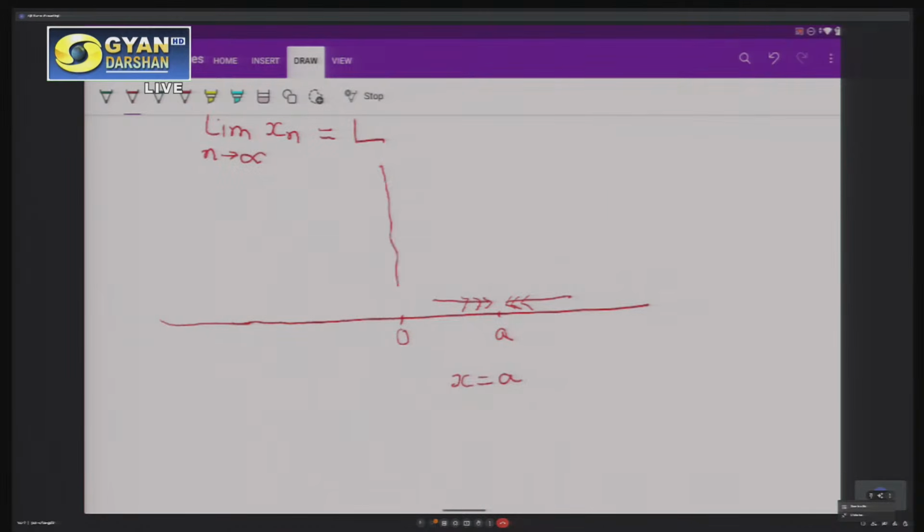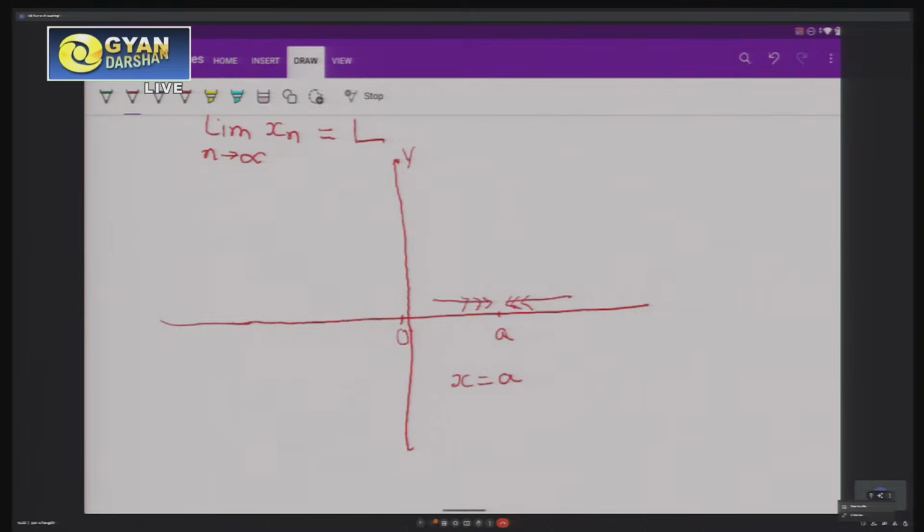This is the x axis, this is the y axis. As x approaches a, if a function is there, what value will y approach?